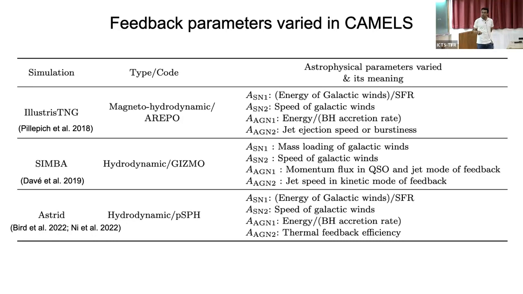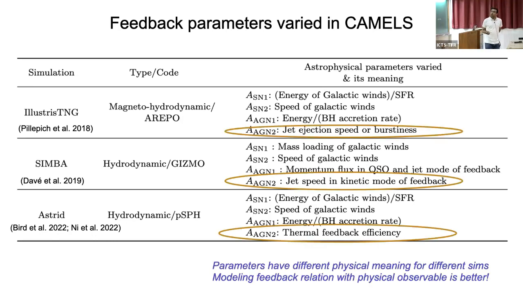But one thing to note is that if you take any particular parameter, their physical meaning is kind of different. So if you take, for example, the AGN2 parameter, which turns out to be an important parameter in the study, in TNG, SIMBA and ASTRID, it overall controls a different physical quantity. And in the end, it has a non-intuitively different impact on the power suppression.